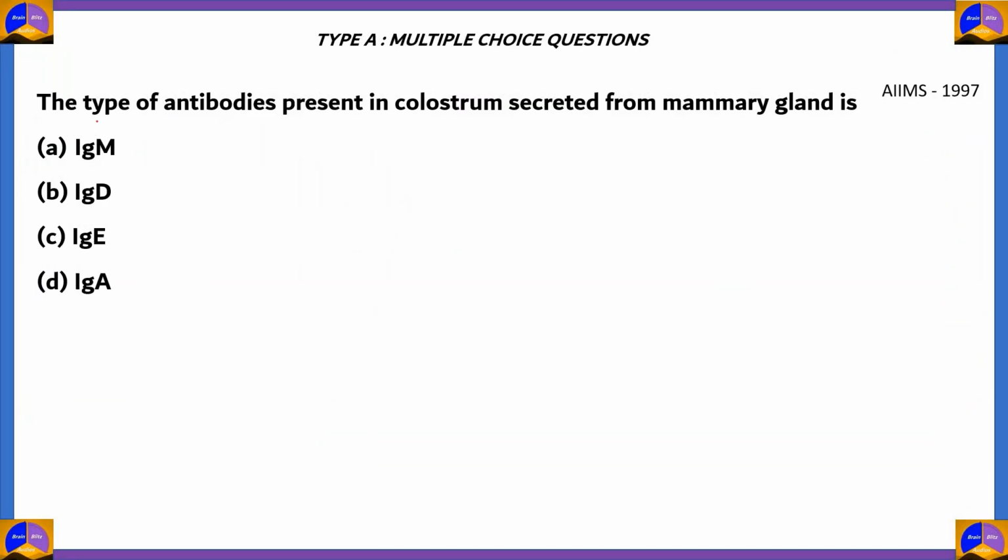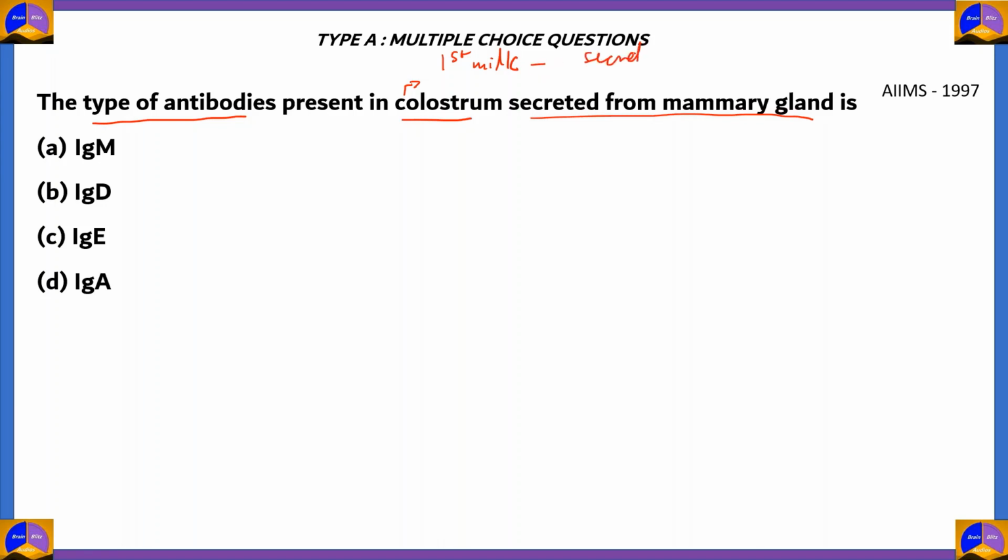Next question. The type of antibodies present in colostrum secreted from the mammary glands is IgM, IgD, IgE, and IgA. So colostrum, this is the first secretion of the mammary glands, so it's called first milk.